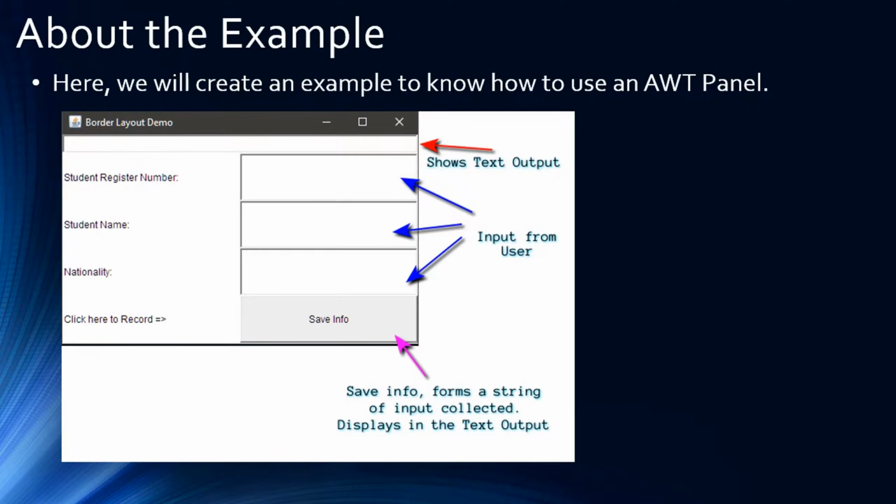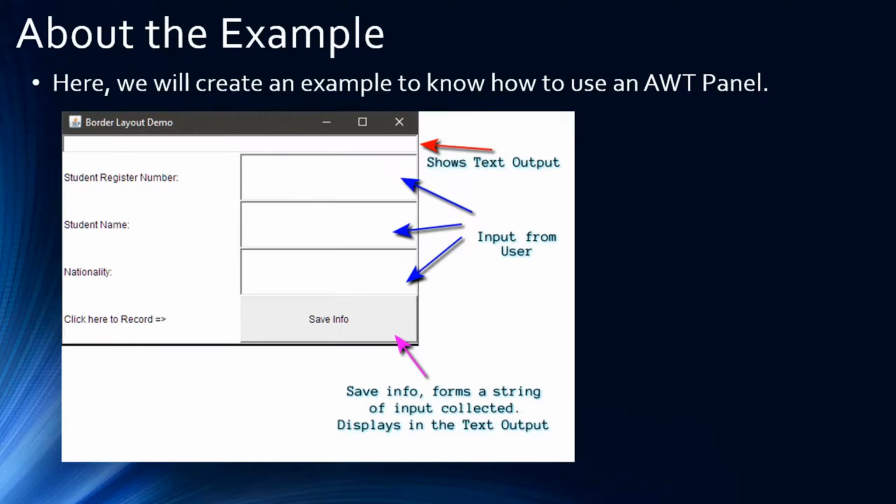Okay, here is the example we are going to create in this video. If you look here, Border Layout Demo is the name given for the previous example. I haven't changed it. Let's forget that, that's the frame window.